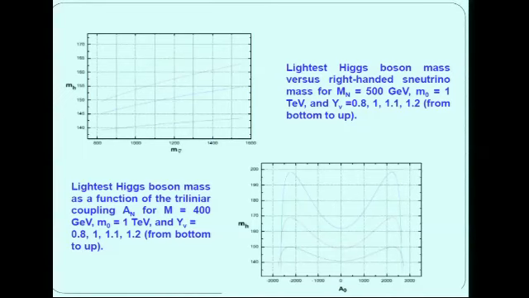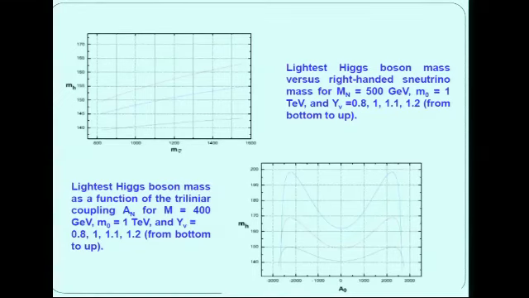So these are some examples of how we can enhance the Higgs mass in this model if we keep the stop with its maximum value. So you can go from 140 up to, as I said, 170 or so.